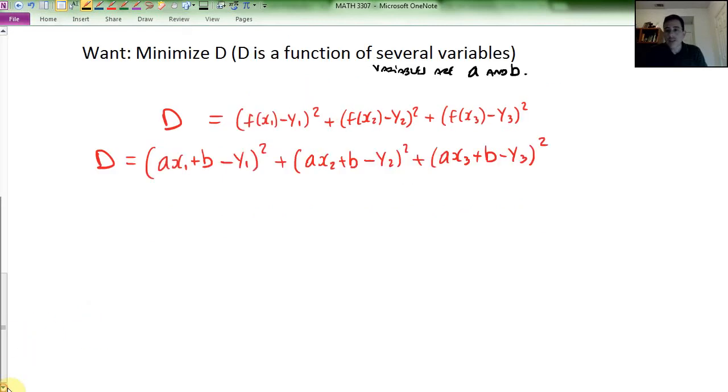So the trick here is to use the minimization process in calculus. In calculus 1, when we try to minimize a function, we take the derivative and set the derivative equal to 0. When you get to calculus 3, you will see that the minimization of a function of several variables has a similar approach. So we set partial derivatives equal to 0.